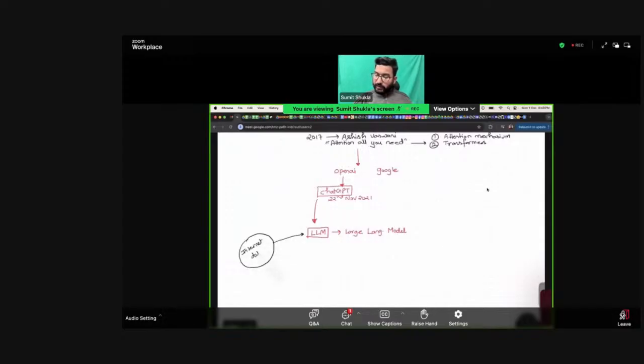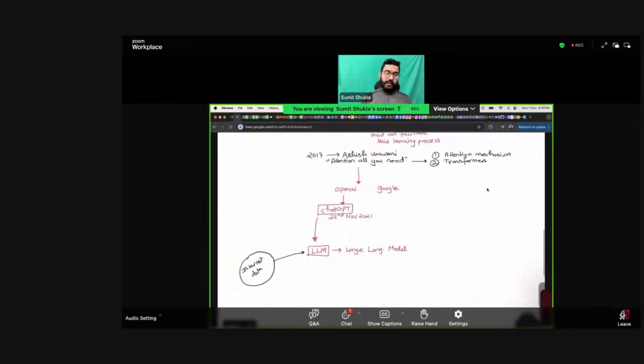And how have they been trained? With the mechanism that was proposed by Ashish Vaswani. So LLMs are those chat models which are trained on a humongous amount of internet data, and they are generalized chat models, which basically means they are not limited to a domain. They can answer any of your general questions.